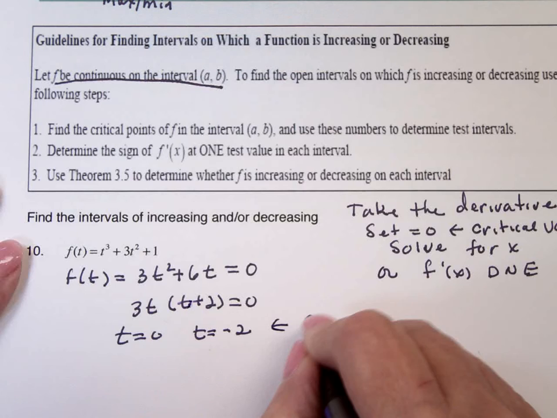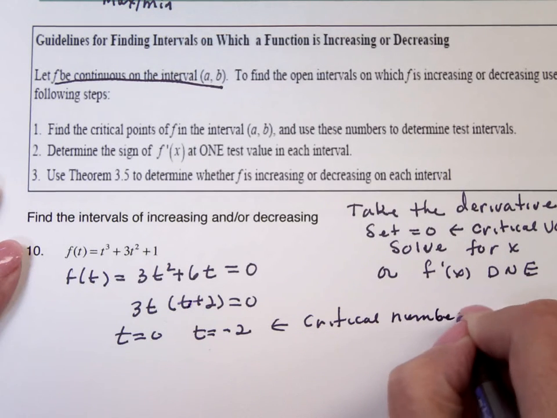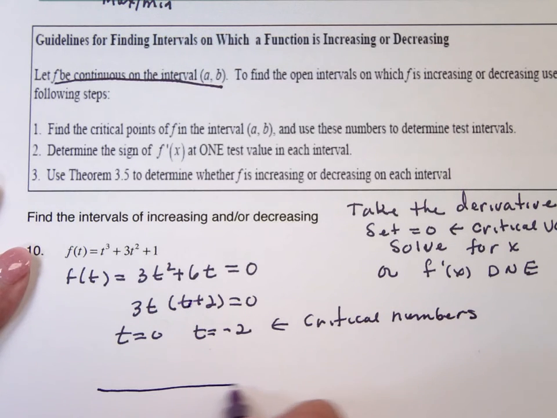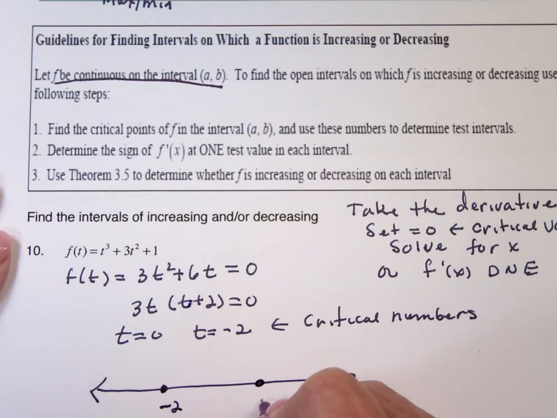These are your critical numbers. So on my number line, I put my critical numbers, negative 2 and 0.